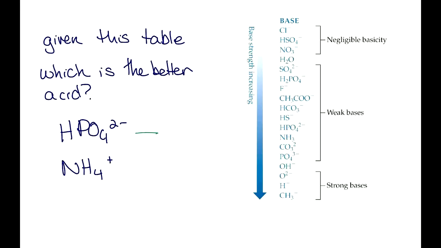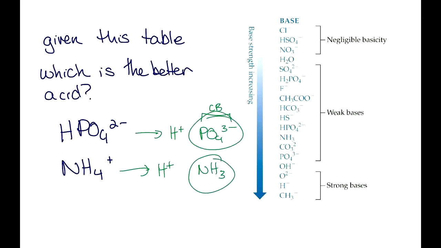So if HPO4 2 minus acts as an acid, what do you get? You get H plus and PO4 3 minus. PO4 3 minus is a conjugate base. What do you get when ammonium acts as an acid? You get H plus, and then what's left over? NH3.